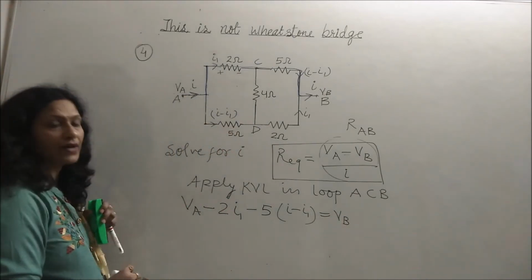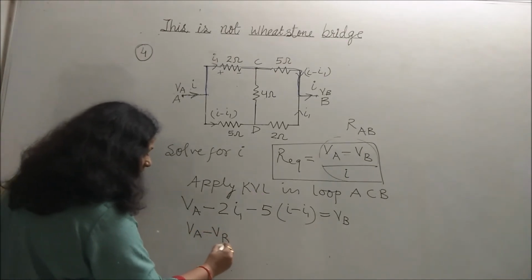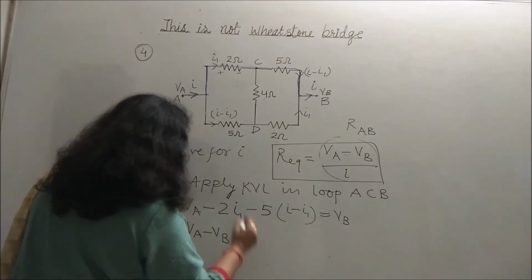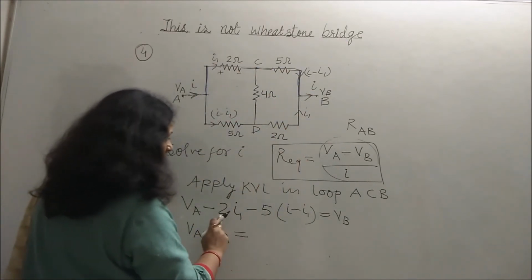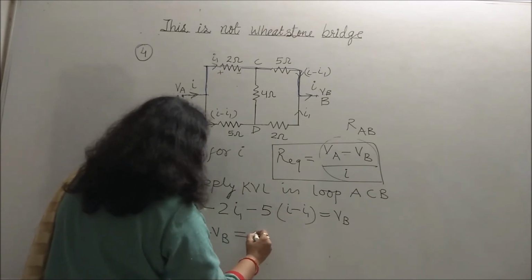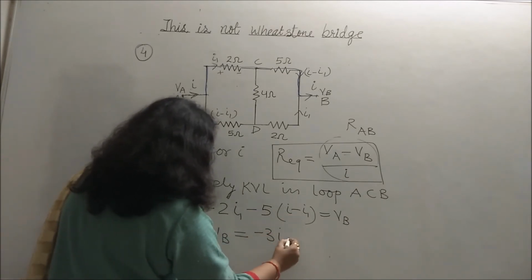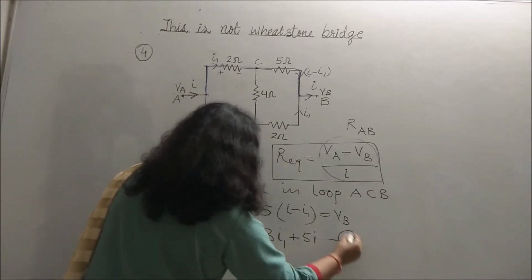So this is our first equation we got by applying KVL in this loop. So it is equal to minus 2I1 minus 5I1, that is minus 3I1 plus 5I. This is our first equation.